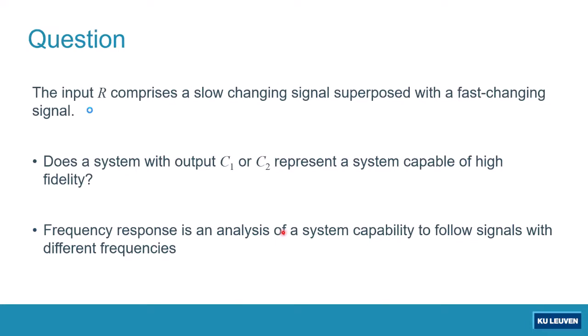You can assess it by looking at the response at two different frequencies. Frequency response function is an analysis of a system's capability to follow signals with different frequencies. Of course, when the angle is pretty large, let's say, that means the system cannot fully follow the input. If there is a significant phase lag to the response, that means the system cannot really follow the input.